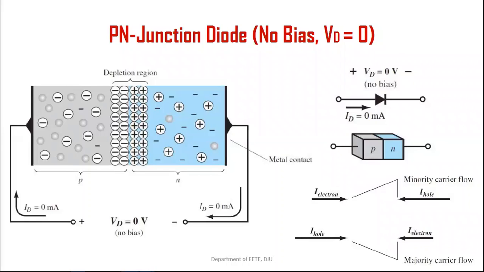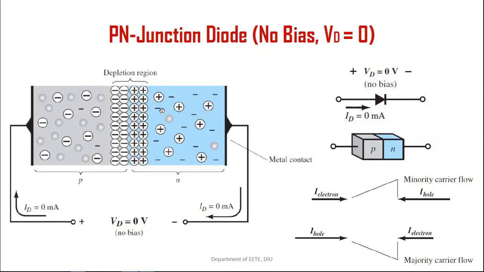The current created by the majority carrier is known as diffusion current, because the majority carrier in N is the negative electron and the majority carrier in P is the hole.